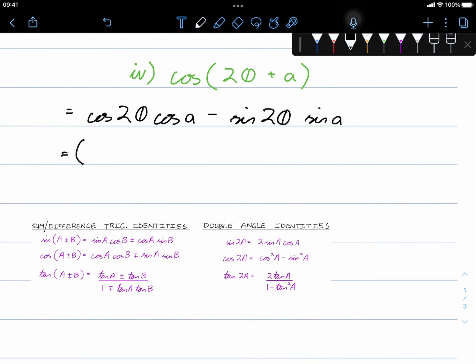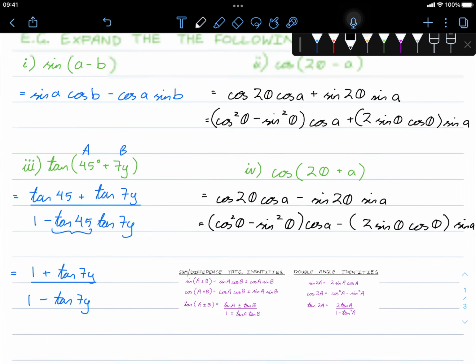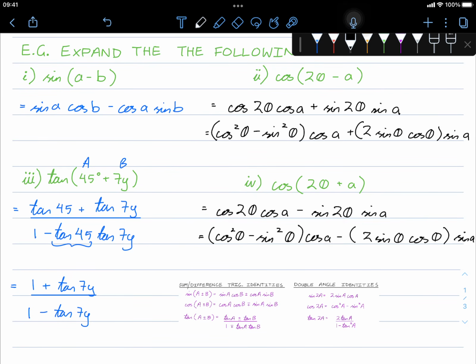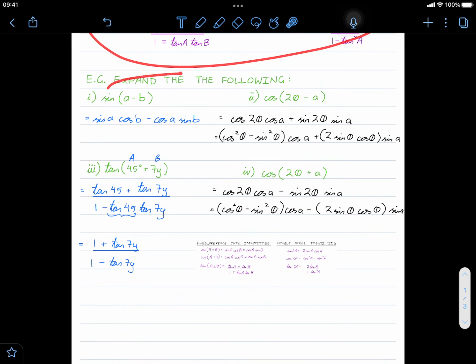Looking at this one, this becomes cos squared theta minus sine squared theta, cos A, which is still here, minus sine 2 theta becomes that identity, so that becomes 2 sine theta cos theta sine A. And as before, I'll just leave it at that, and I'll let you try and expand and simplify this any further.